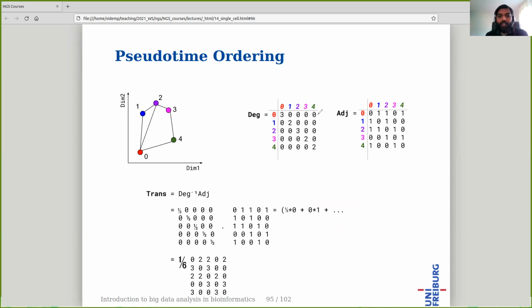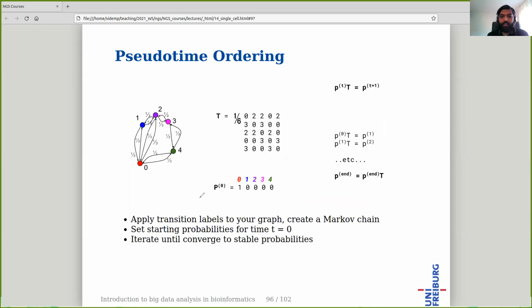And now we create a so-called transition matrix, because we are now going to create a Markov chain. You first create a transition matrix, and then create a Markov chain out of it, and then we compute the probabilities of this.